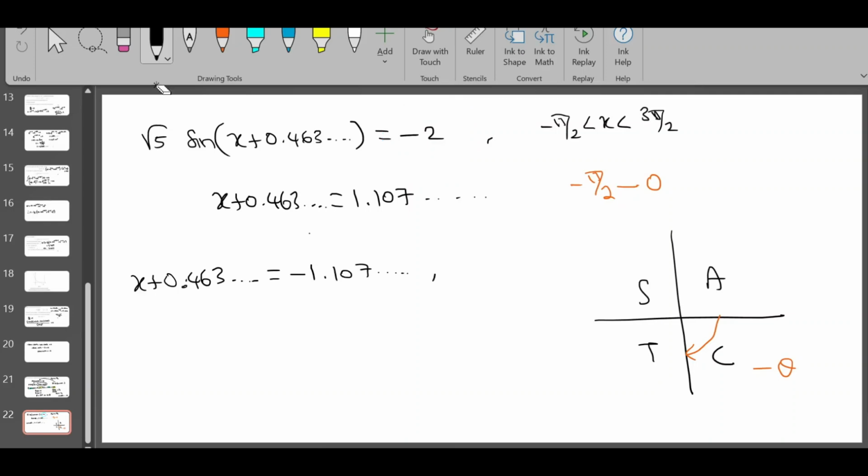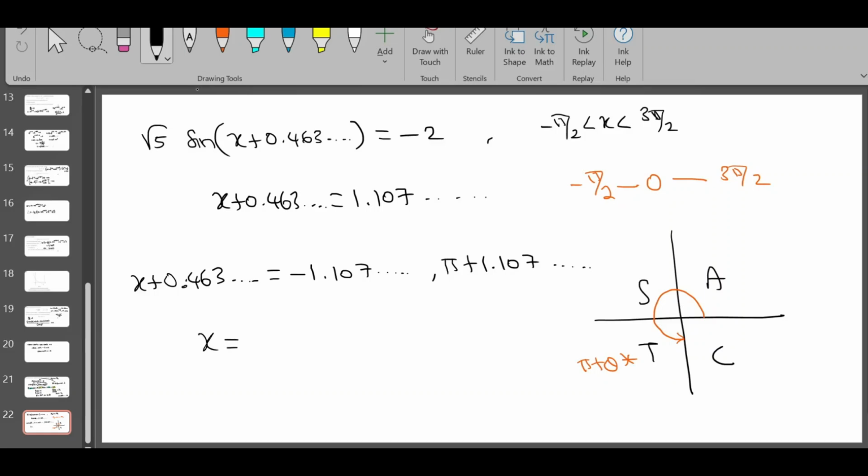Let me take the other limit, 0 to positive 3 pi over 2. It covers 3 quadrants, where sine theta will be negative only in here, which is pi plus theta. So pi plus the principal value. So we need to subtract 0.463 dot dot dot from these two.